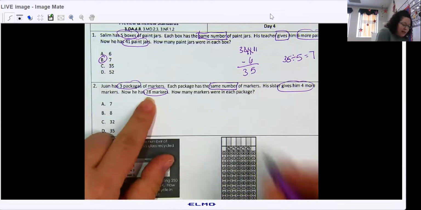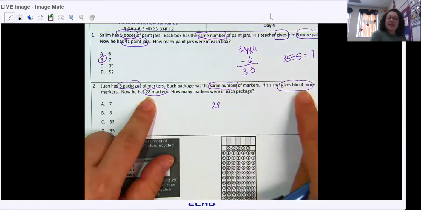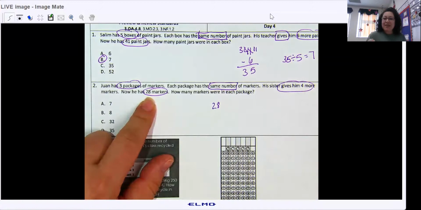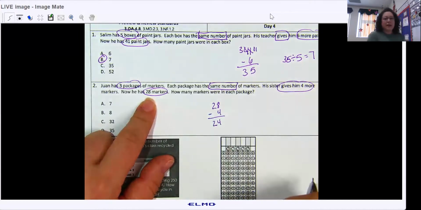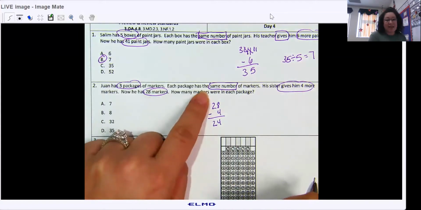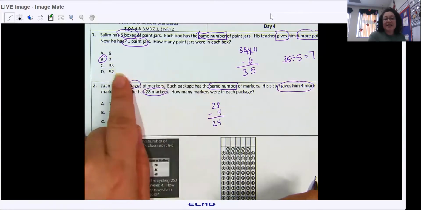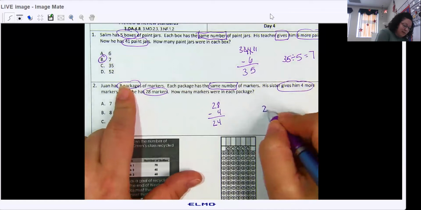He ends up with 28 markers. His sister gave him more, so we have to take that away to see how many he started with. Now, each package has the same number, so that tells us we are going to divide by 3.